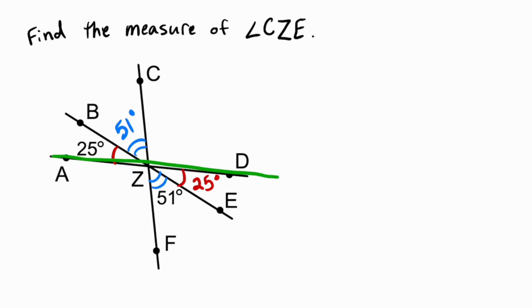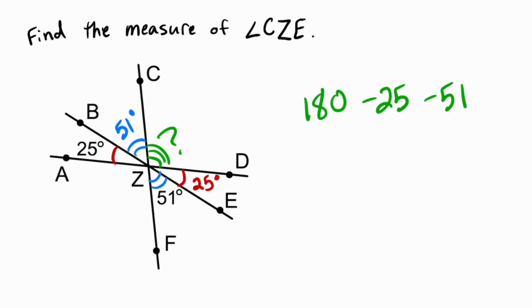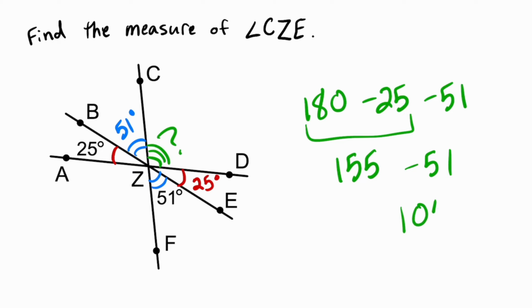So we already know two of them, so we can find the third angle here by just subtracting these other two from 180. So we can do 180 minus 25 minus 51, and let's see if I can do this in my head here. 180 minus 25, that is 155, and then minus 51 is going to give us 104.